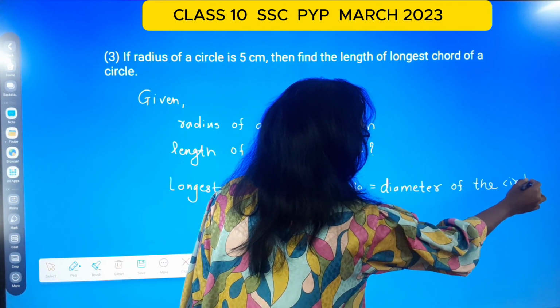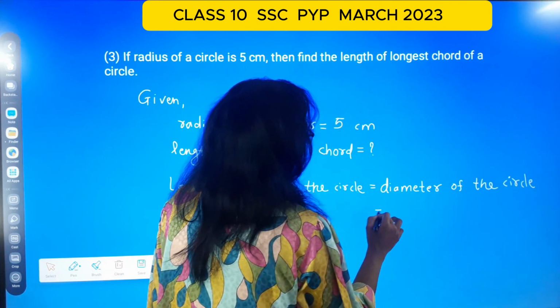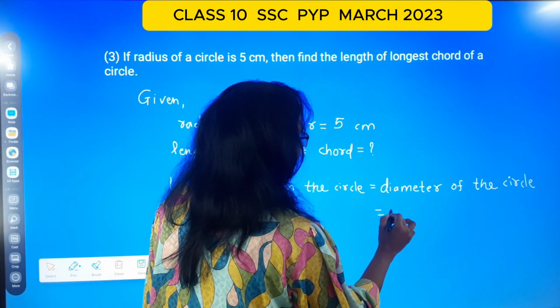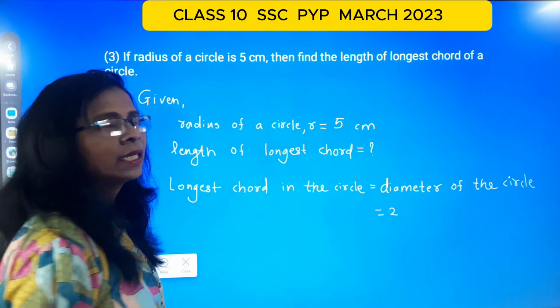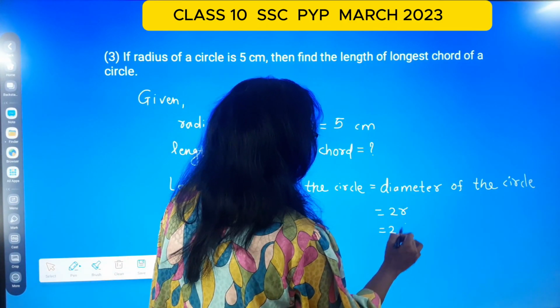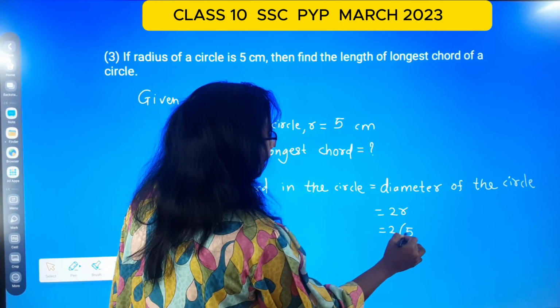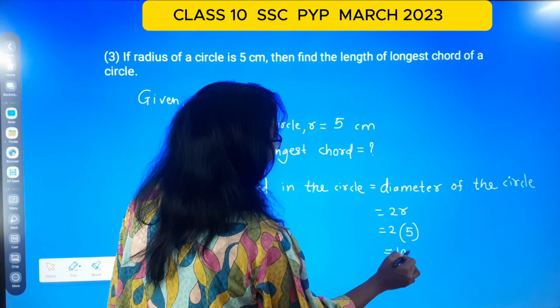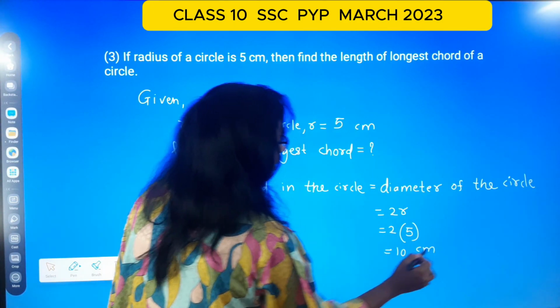That means the diameter of the circle can be calculated by using the formula 2r. So 2 multiplied by 5 is equal to 10. So that is 10 centimeter.